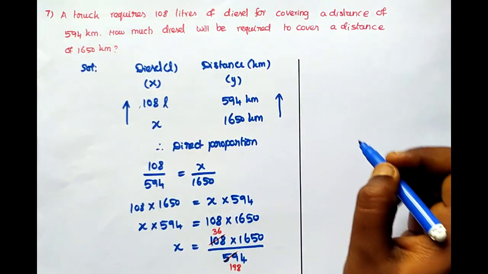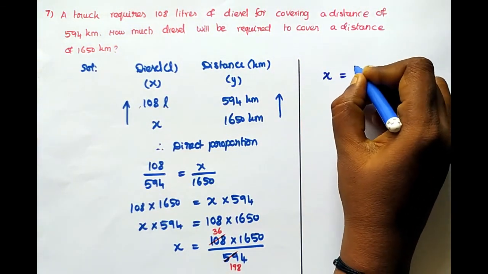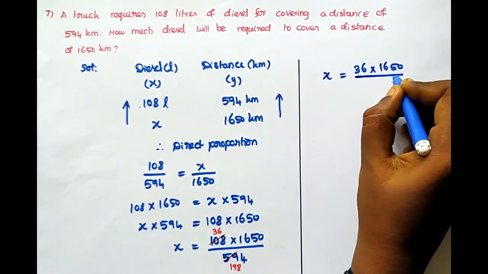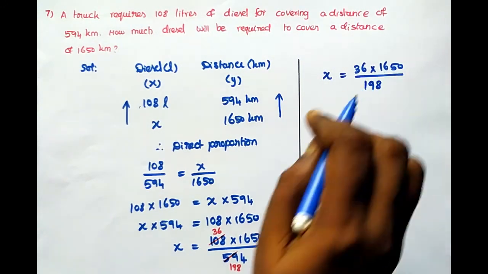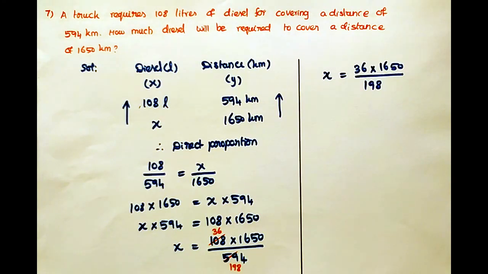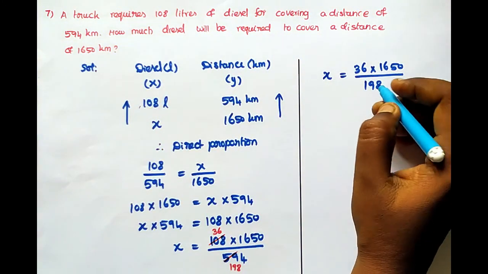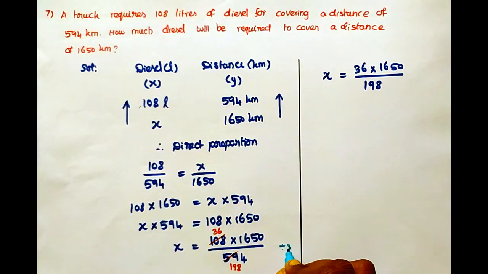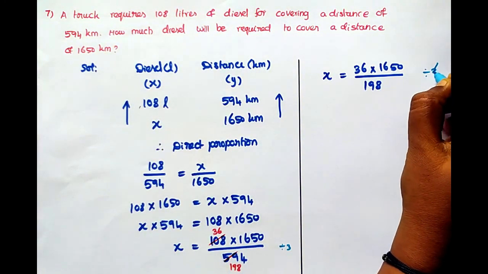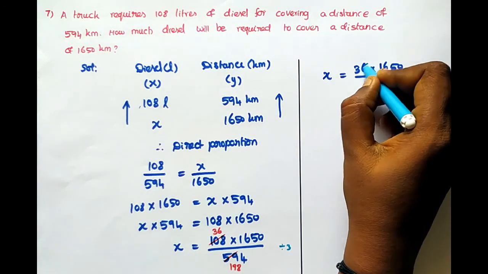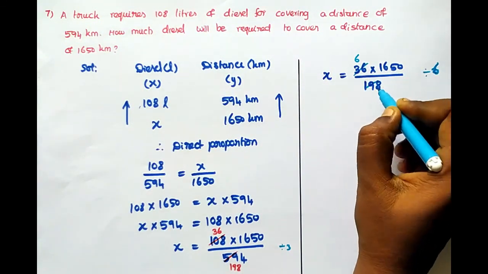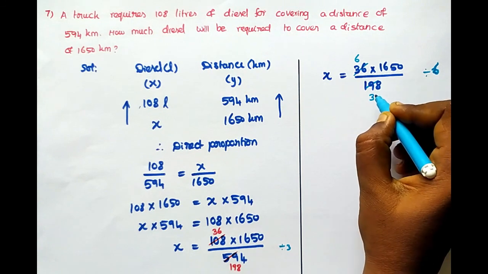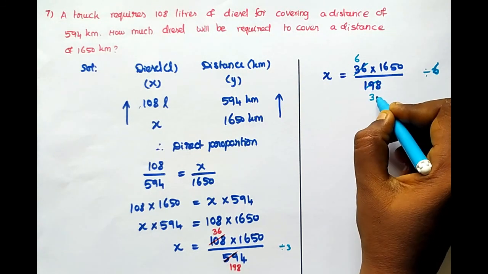Write down the remaining number. x equal to 36 into 1650 divided by 198. Again cancelled by sixth table. Here divided by 3, here 6. 6 6s are 36. Here 8 6 3s are 18, balance 1 again 18, 33.